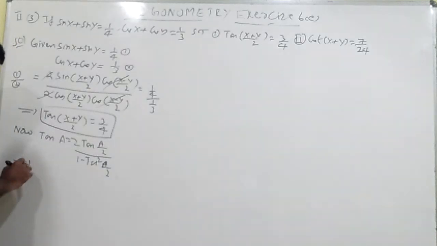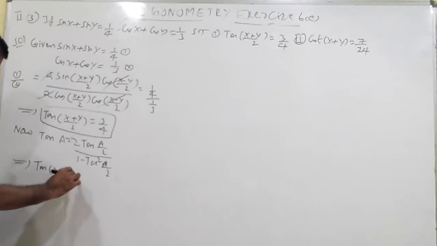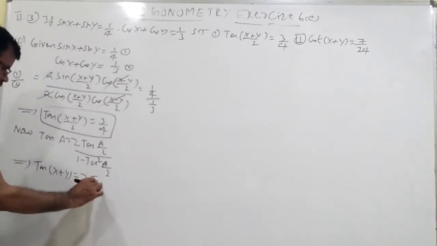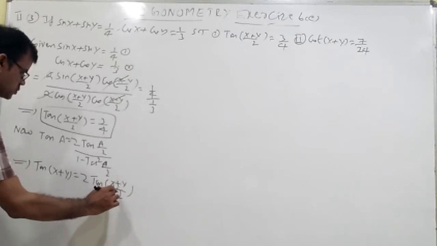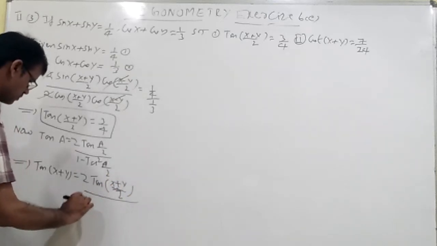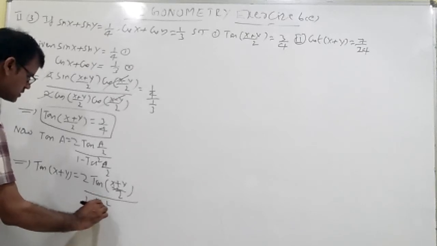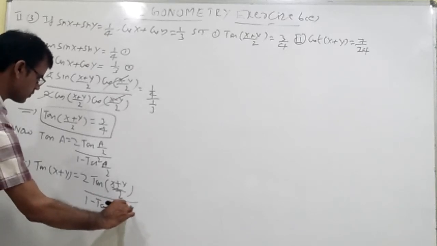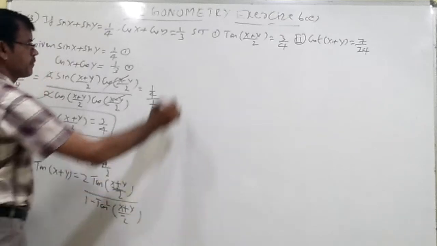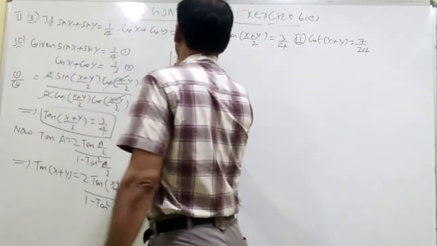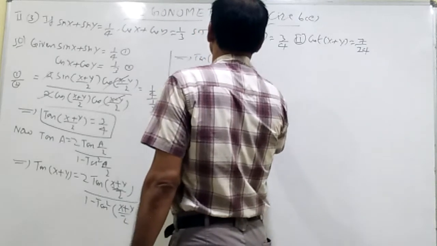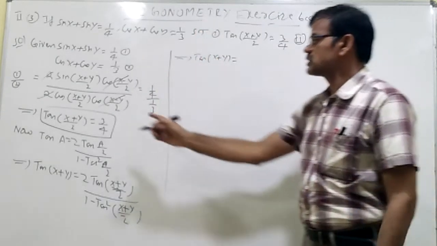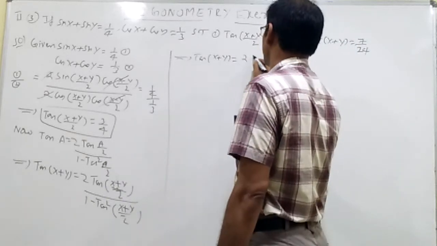That implies tan of (x plus y) is equal to, using the same formula, 2 tan of (x plus y) by 2 whole by 1 minus tan square of (x plus y) by 2. The value we got is tan of (x plus y) by 2 equal to 3 by 4.